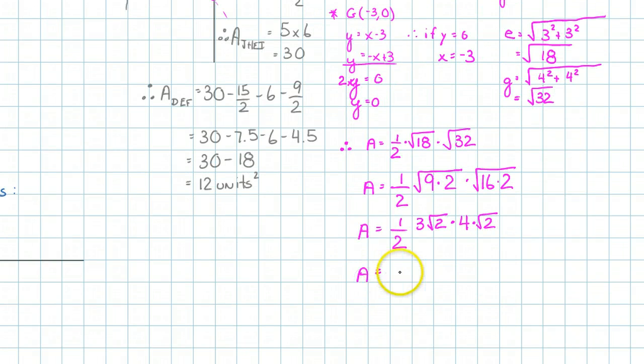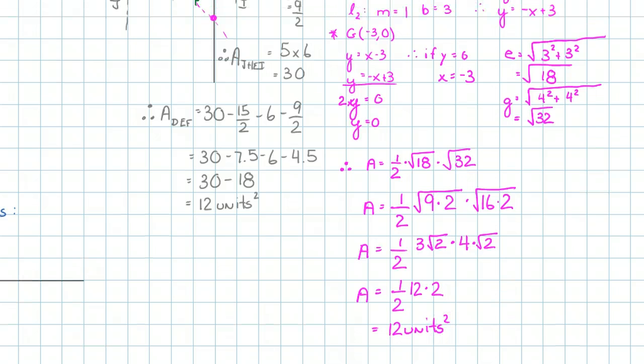So the area is equal to 1/2, 3 times 4 is 12, root 2 times root 2 is 2, so therefore the area is 12 units squared. And look at that. I am correct.